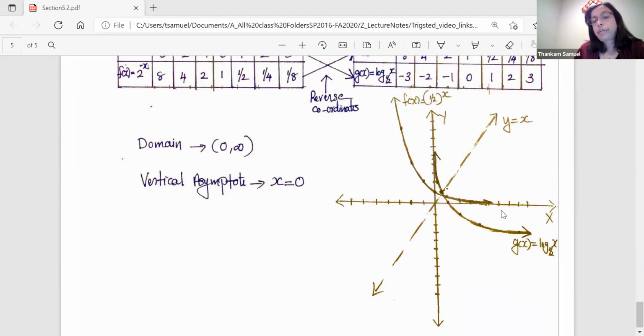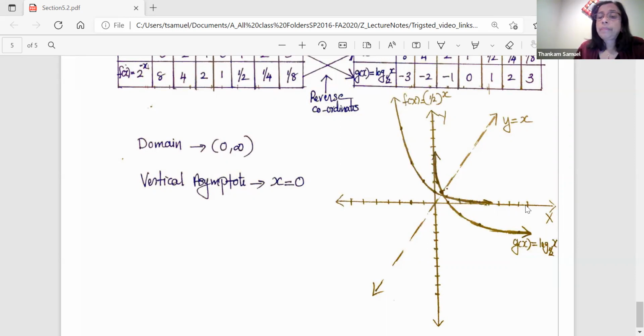And for the exponential function, we can say that y equals 0 is the horizontal asymptote, or just the x-axis is the horizontal asymptote. Usually we need to write the vertical and the horizontal asymptotes in terms of an equation, because it represents a line, the line that the graph approaches.